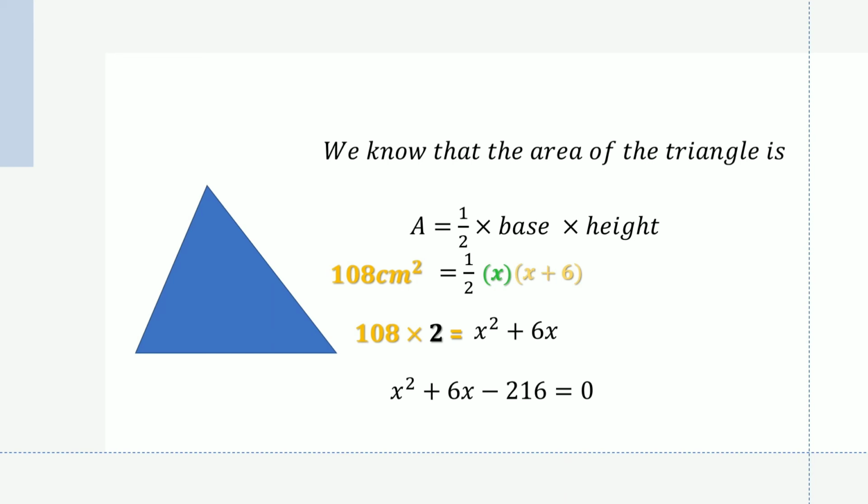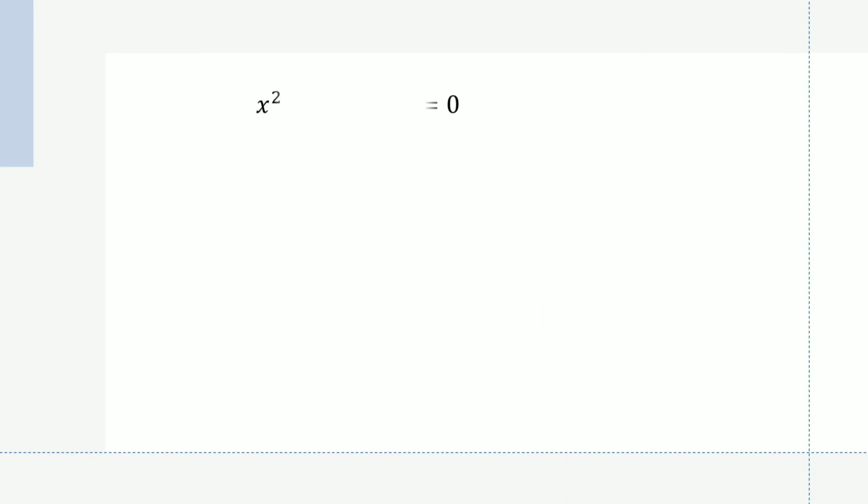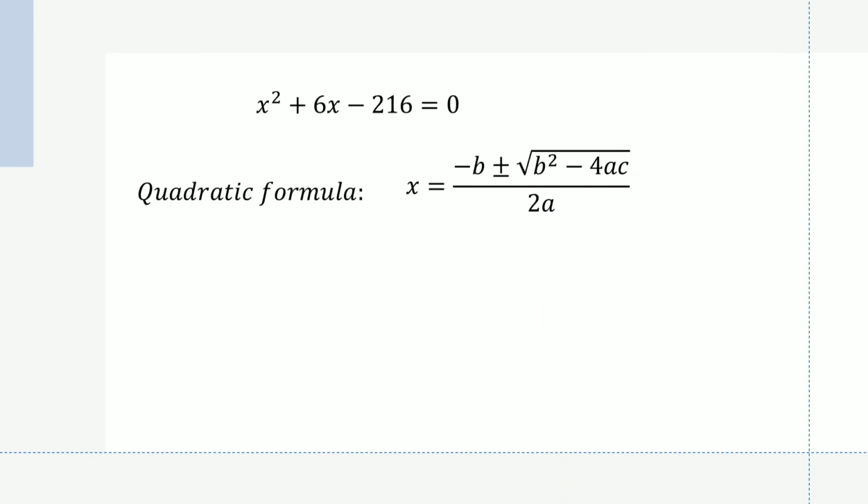By writing in the standard form, we get x² + 6x − 216 = 0. From where this 216, you know very well. It is in the standard form, so we can use the quadratic formula, x = (−b ± √(b² − 4ac)) / 2a. Here a = 1, b = 6, c = −216.